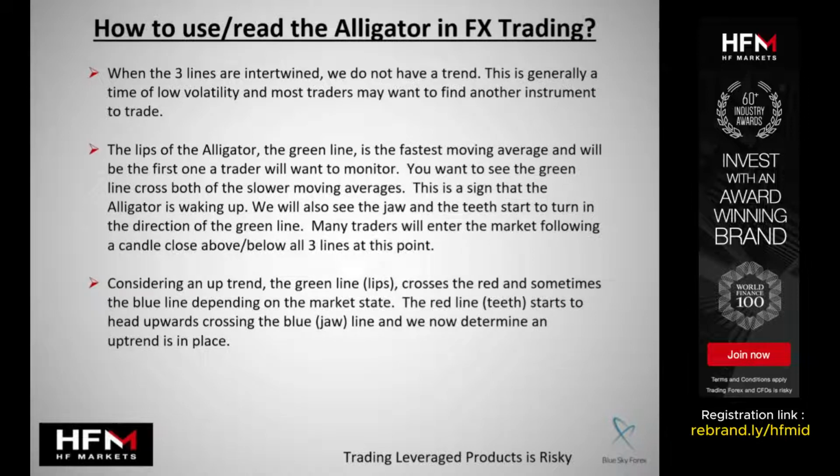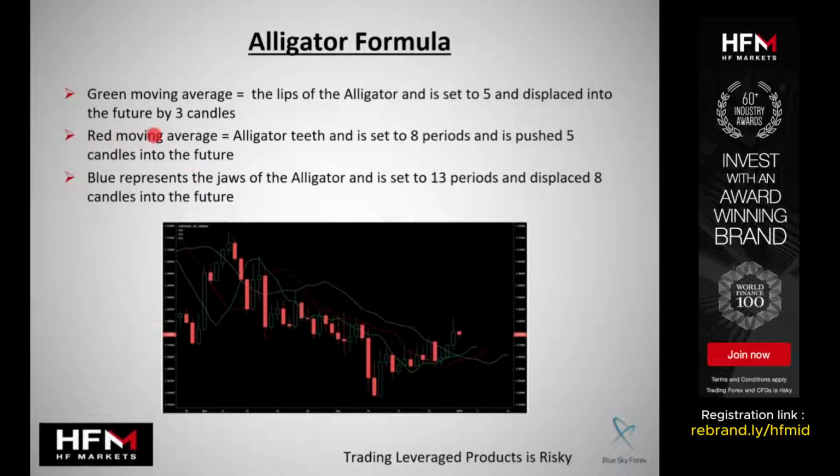So if the green line passes the blue and the red one, and then the red moving average, which is the middle one, that one passes the blue one as well in an upwards momentum, like you see here on this image. The green line is passing both the red one and the blue one, and the red one is following.